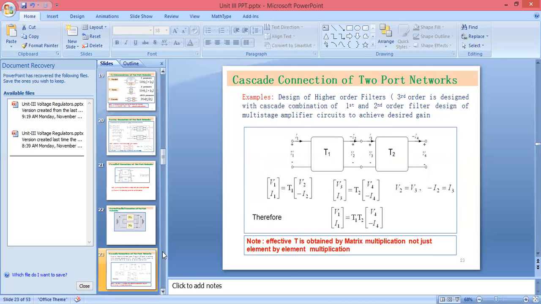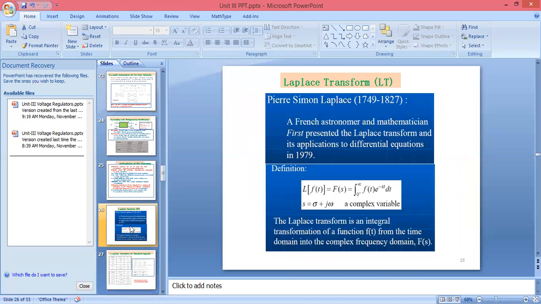Then Laplace transform. Pierre Simon Laplace discovered the Laplace transform, and it is applied to differential equations. It was derived in 1979. Laplace transform is the integral transformation of the function f of t from the time domain into the complex frequency domain.